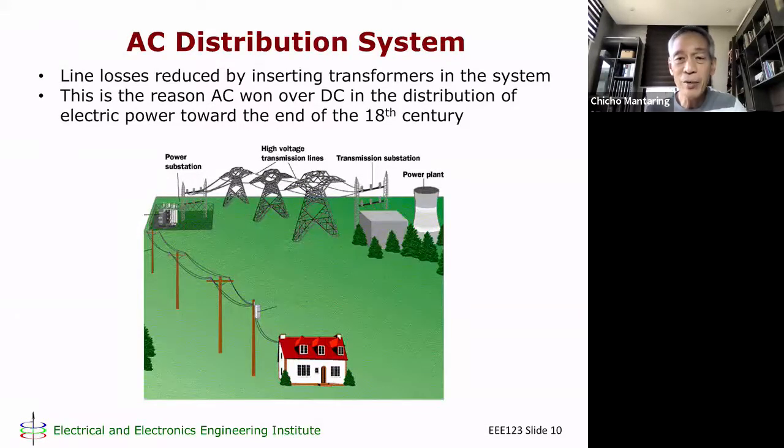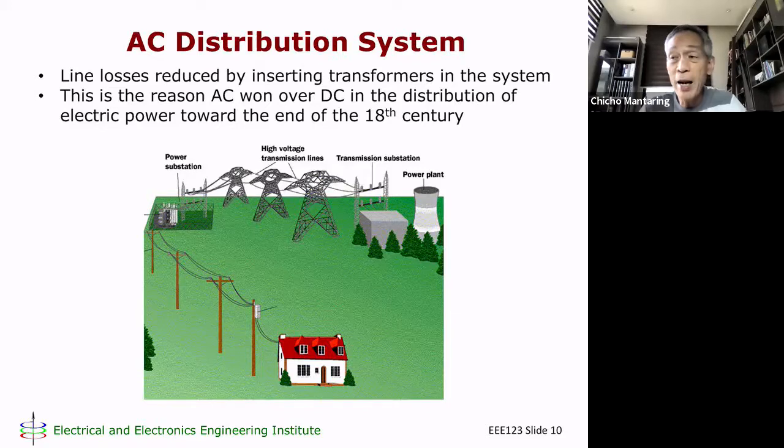And the reason why AC was being pushed by Tesla was that you could actually reduce the line losses by just jacking up the voltage. The higher the voltage, for the same power, the less the current, the less the losses in your line, your I squared R losses and your I squared X losses.